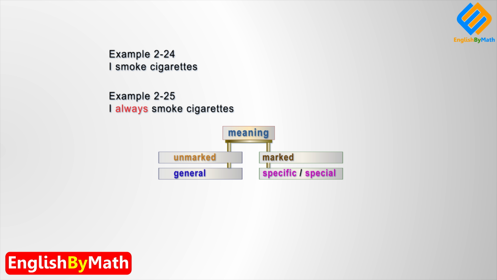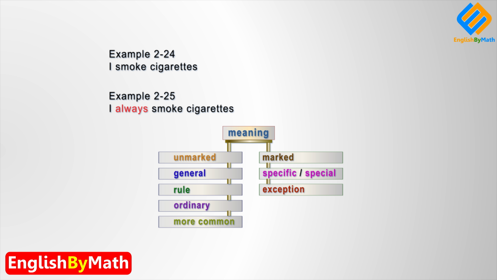We can also say that the unmarked is the rule, whereas the marked is the exception to the rule. The unmarked is also the ordinary meaning and is therefore more common. The marked, on the other hand, carries an extraordinary meaning and is therefore less common.